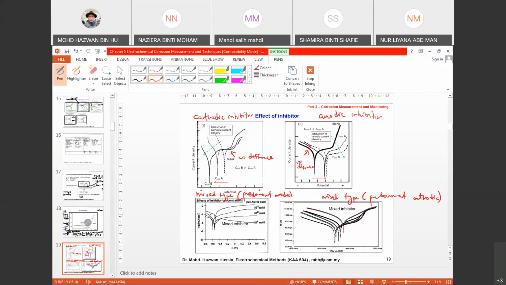Mixed type means that both anodic and cathodic experience reduction.